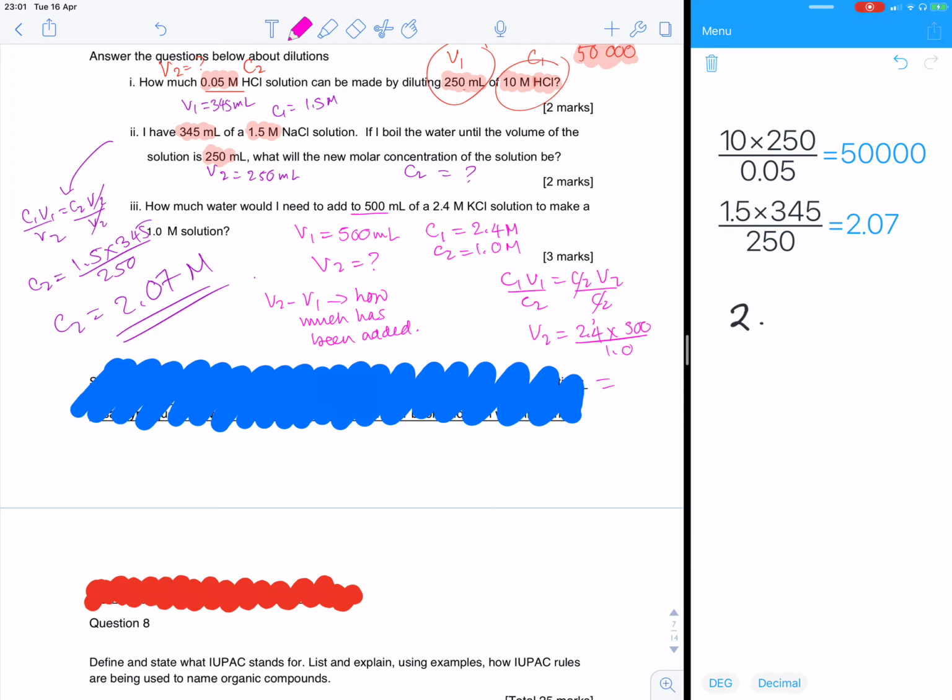And 2.4 times 500 is going to give us 1,200. Okay, so that's V2. Then we take that 1,200 and subtract the 500 mL. That's going to give us 700 mL that needs to be added to make a more dilute solution. That's question 7 done.